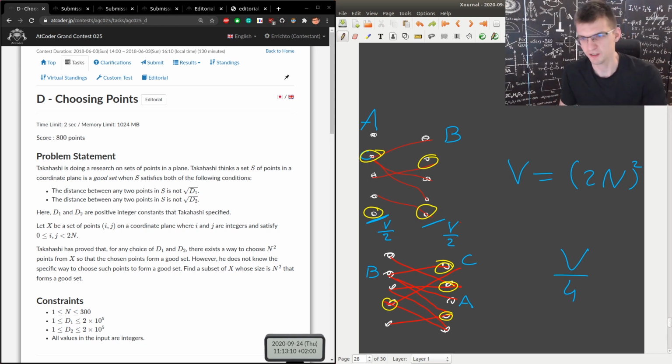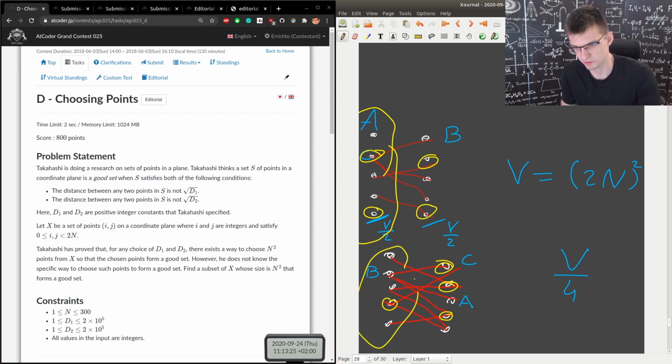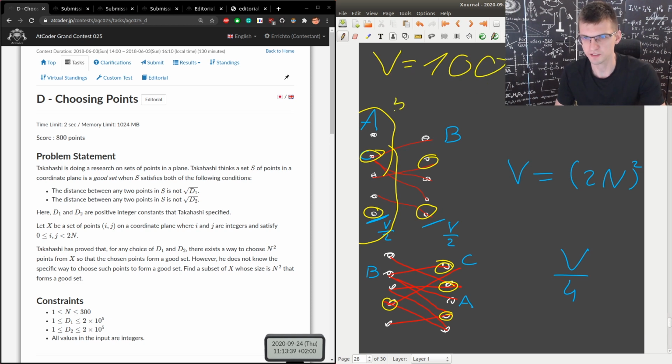If we have V numbers from 1 to V, split into 2 sets, and here again split into 2 sets, just take one of them. Let's focus on this left part here. Its intersection with this and that, the bigger of those two intersections will be of size at least V over 4. Like, if V is equal to 100, then this is of size 50, and this is of size 50 and this is of size 50.